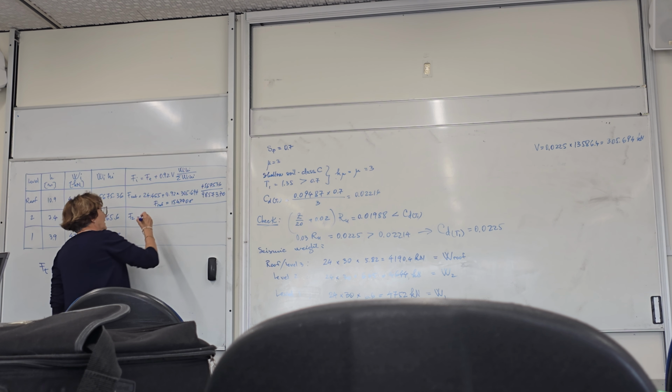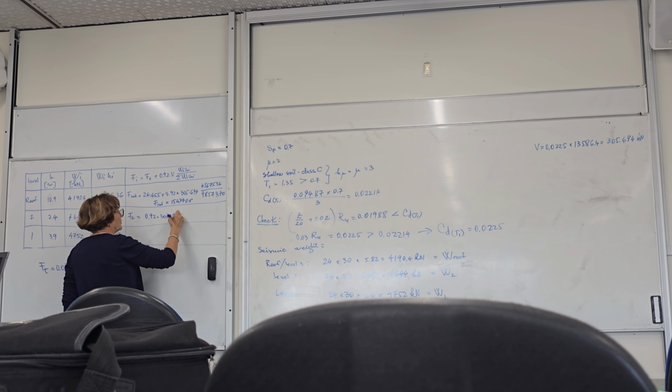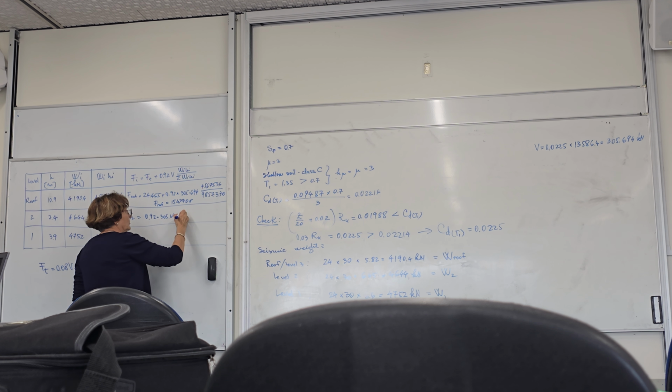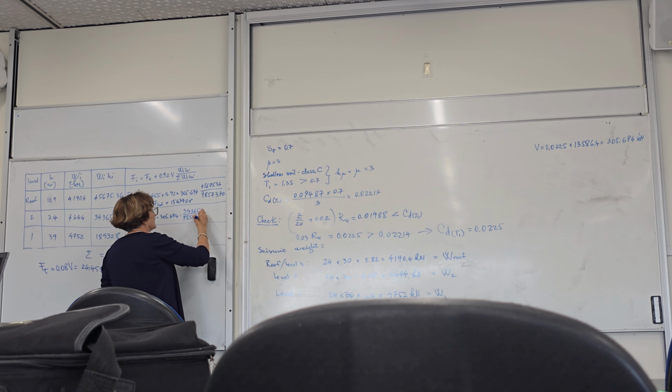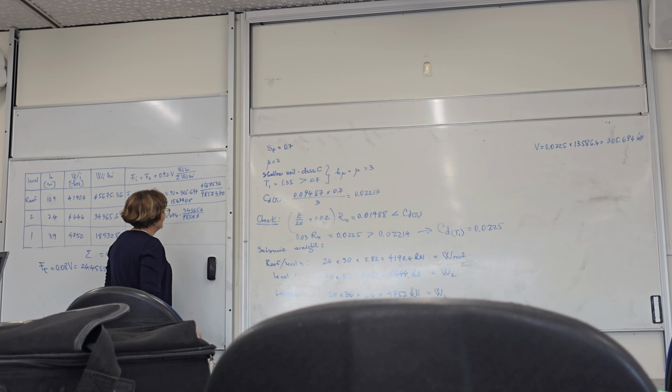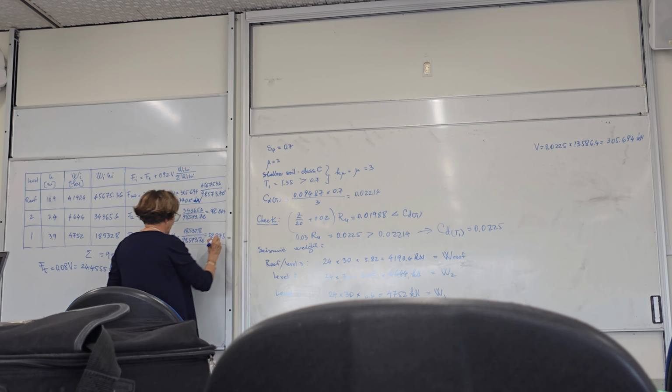Will be 0.92 times 305.694 multiplied by 34365.6 divided by 9857.75.